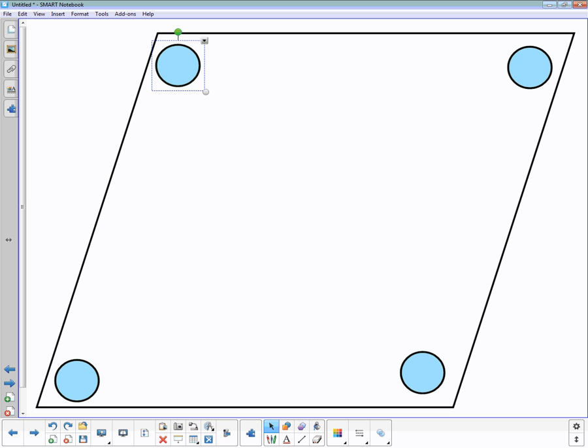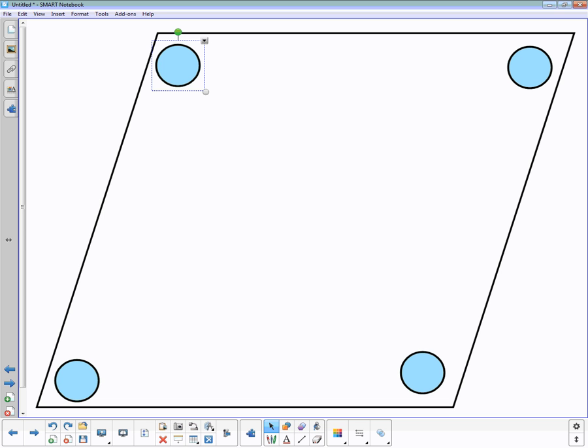The ones on the right add up to 180, the ones on the left add up to 180, the ones up top add up to 180, and the ones on the bottom add up to 180. If we think left, right, or we think up, down, we have two pairs of angles that add up to 180. So if I added up all four of these, how much would they add up to?